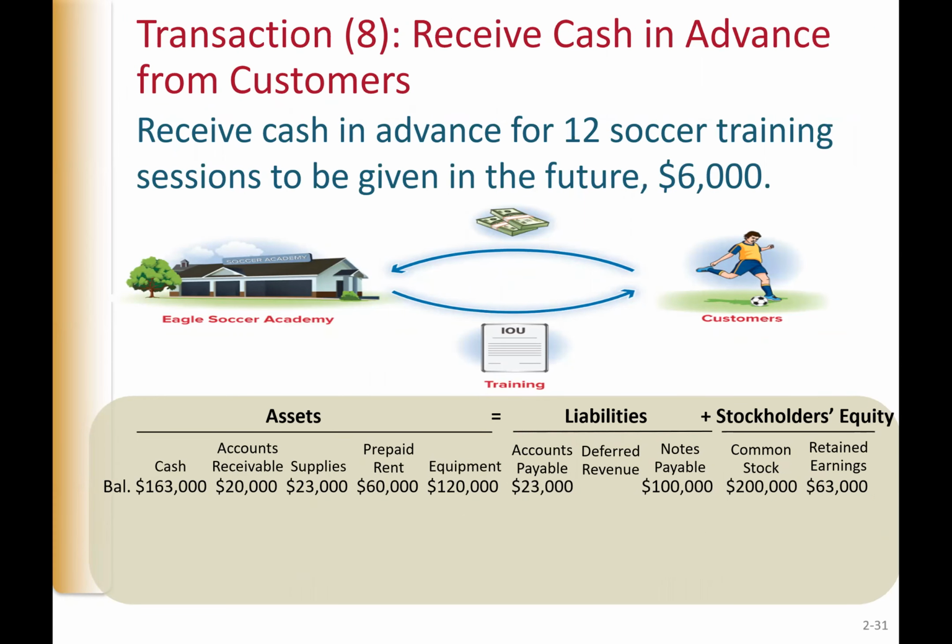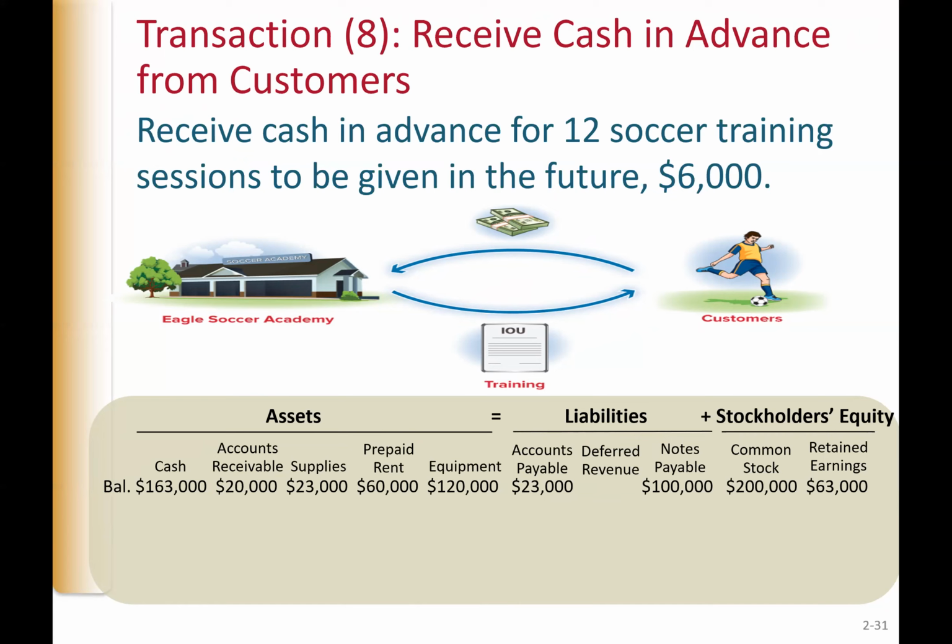Here's another little twist. We received cash in advance for 12 soccer training sessions to be given in the future. What this means is we have an individual who wants training. This person paid us $6,000 up front, but we haven't done anything for this person yet.